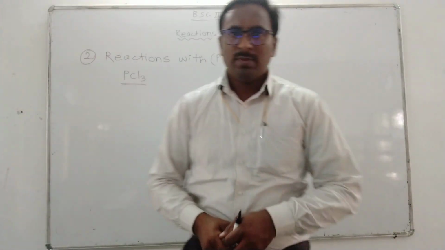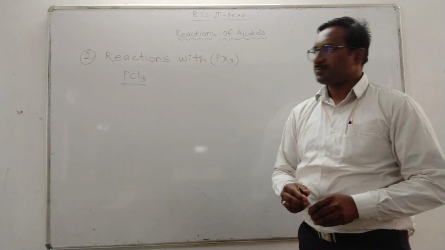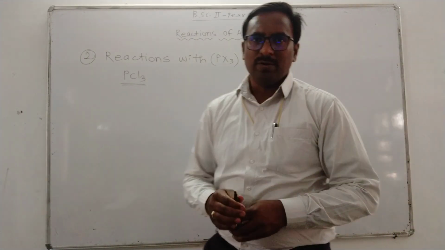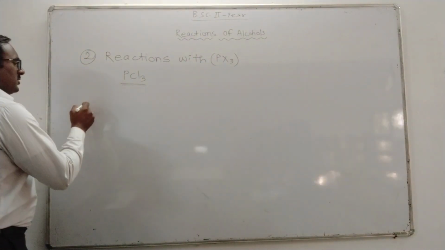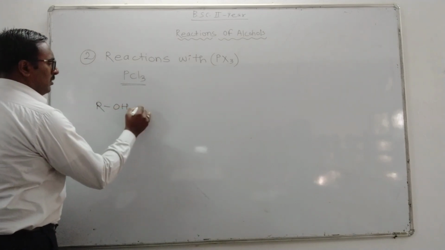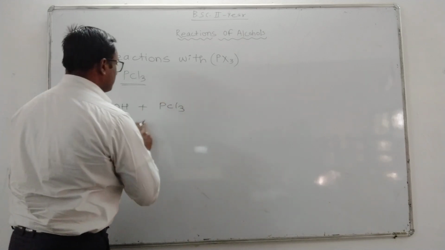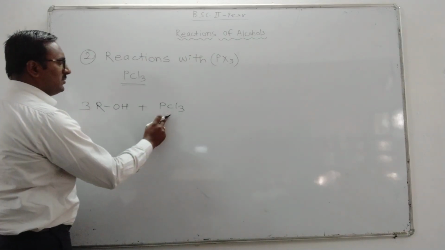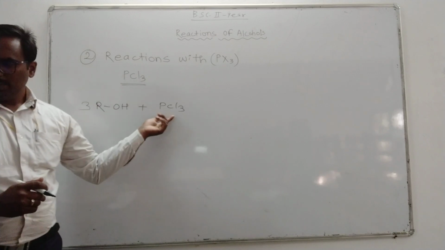Okay, we will continue. We will discuss the reaction with PCl3. It is a Lewis acid, accepting electron density from the lone pair of electrons on oxygen. So let us write the general reaction: alcohol ROH plus PCl3. There are 3 chlorine atoms, therefore 3 molecules of alcohol react with 1 molecule of PCl3.